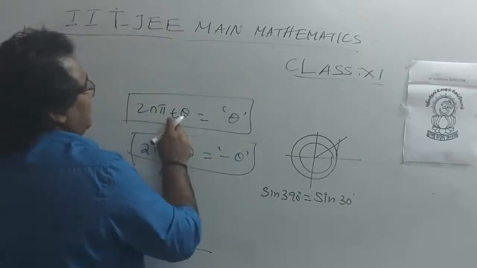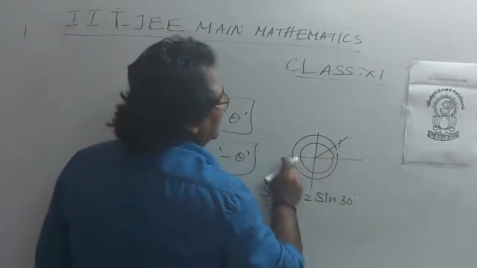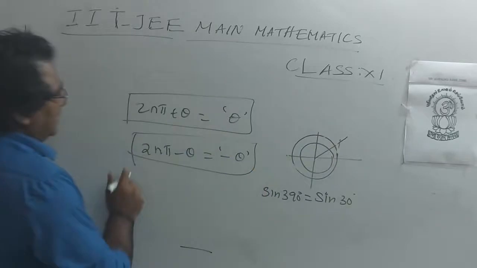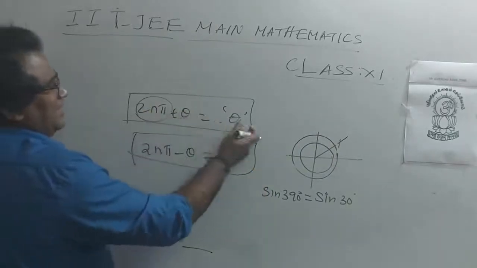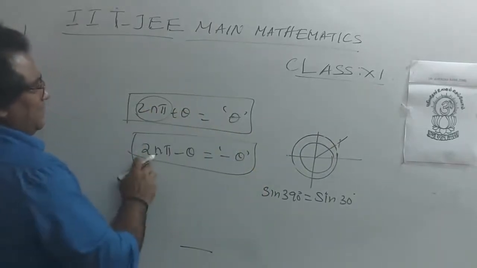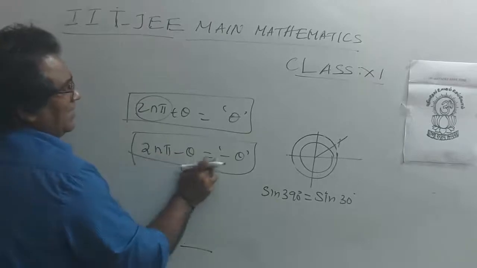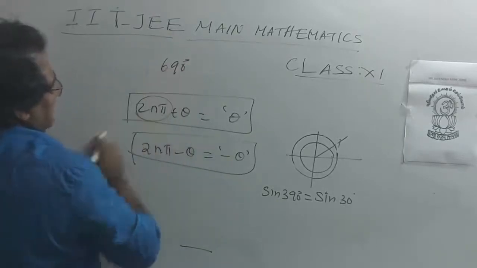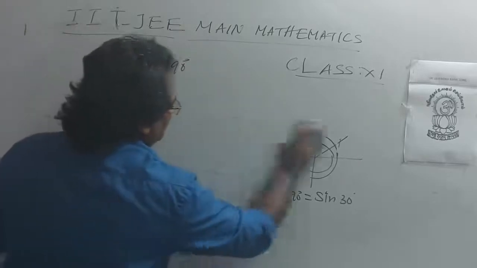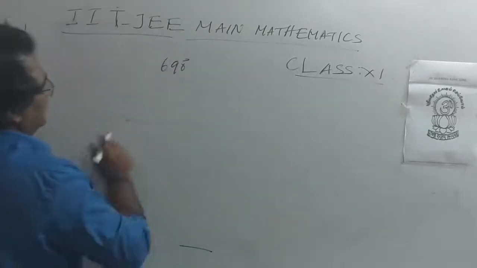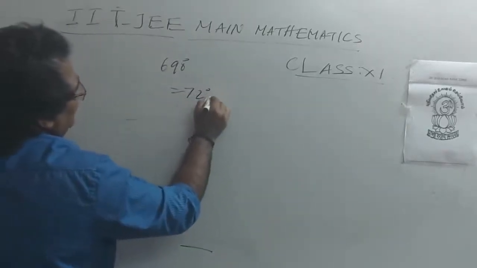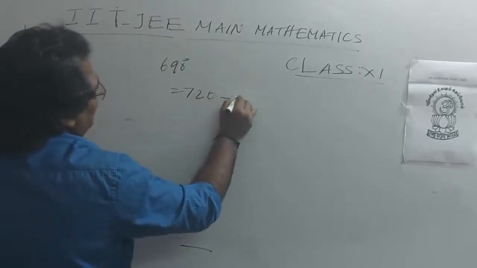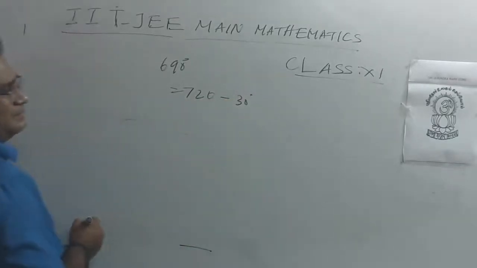How many times you have to complete the rotation? That is 2n pi plus additional angle, the answer. Like that, if you subtract some angle from 2n pi, the answer is minus theta. Suppose I take 690 degree. This is equal to 720 minus 30.